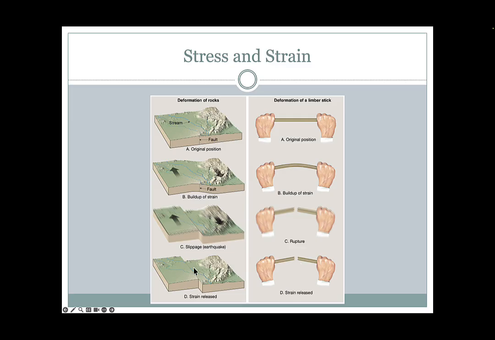So after the earthquake occurs, ideally, all of that energy has been released, and then it's going to build up over time again because plate tectonics tells us that these lithospheric plates are going to keep moving in the same direction, but it's going to take a while for that to build up again.